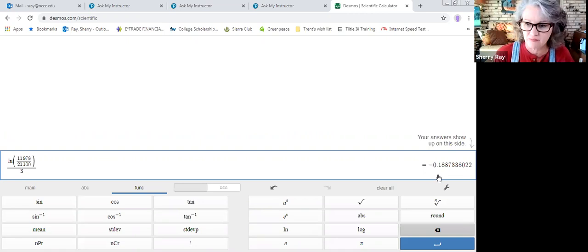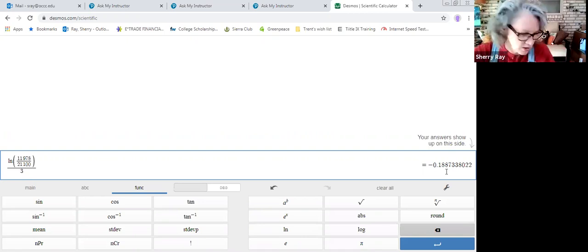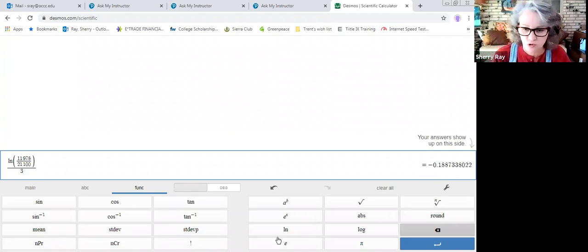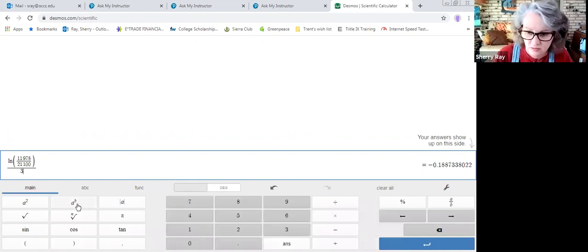So my answer is over here on the right. Now I need to type this in as a percentage. So first of all, I'm going to multiply this by 100. I wonder if it will just change it to a percentage. No, it's not going to do that.